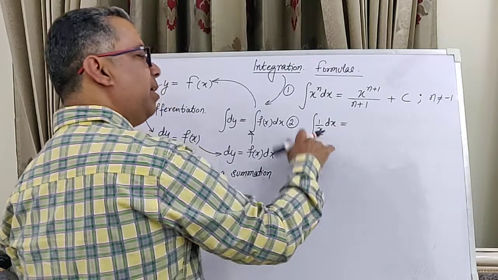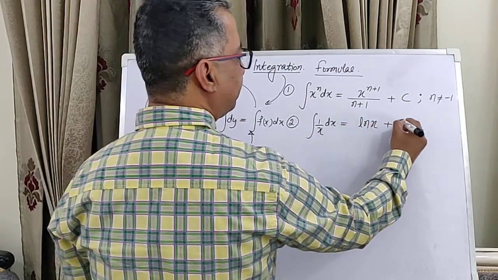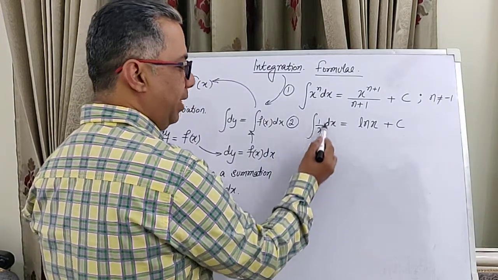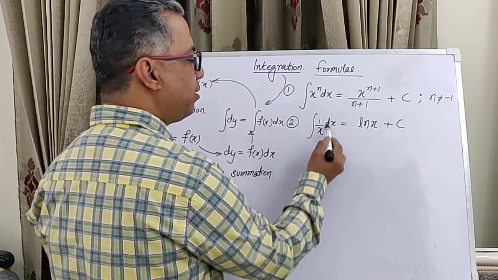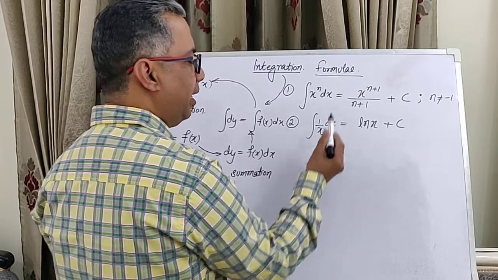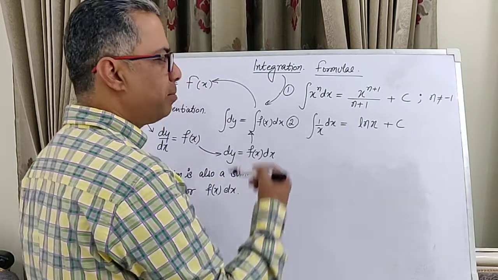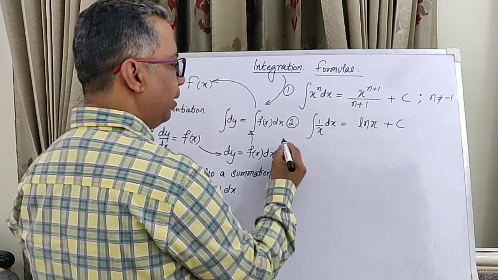So on integrating 1 by x, we should get natural log of x. Now this actually is x to the power -1. And so when we have x to the power -1, we apply this result and not this one. And so it becomes pretty obvious now why the condition was applied.